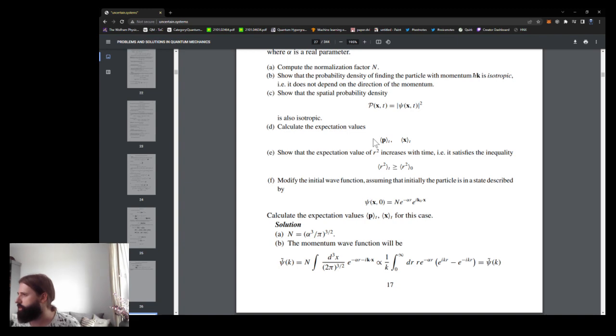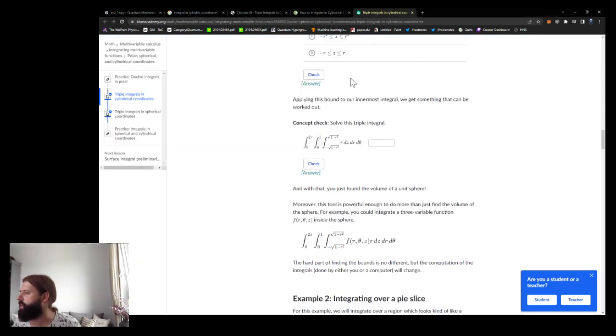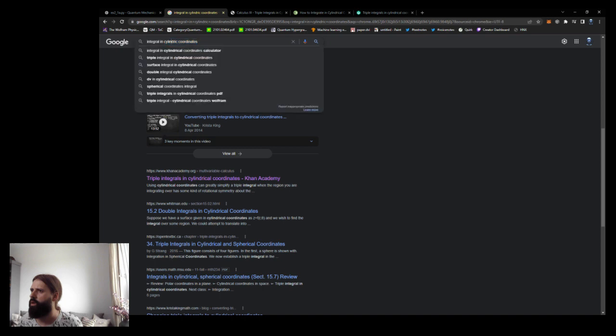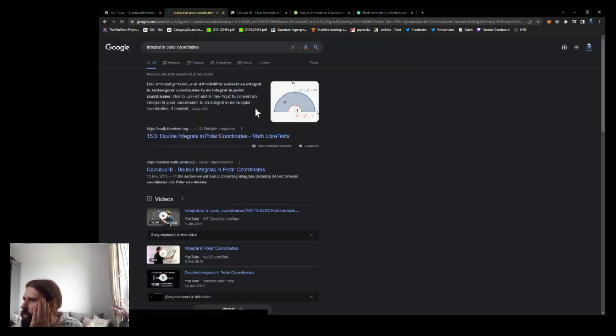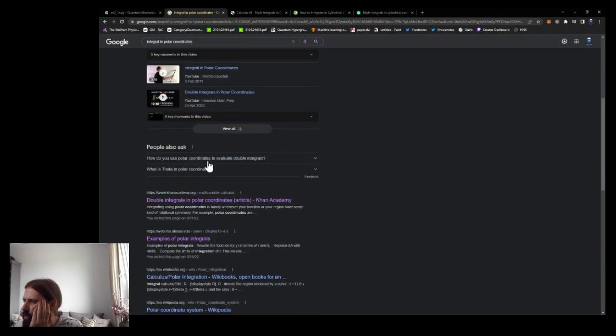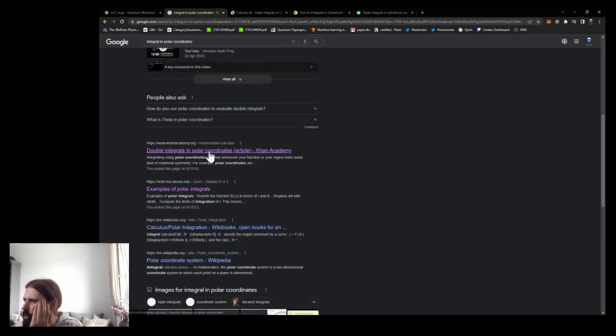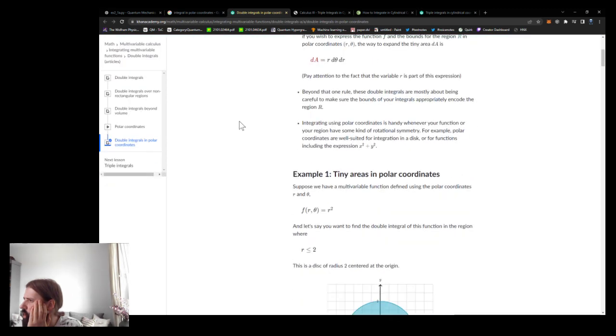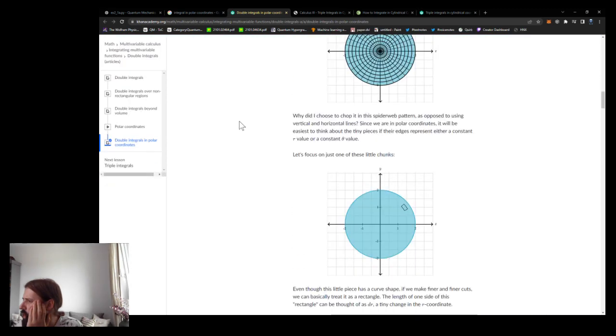What's the difference between these and where did I get that? Cylindrical coordinates and polar coordinates. So maybe that's a difference. That's double integrals in polar coordinates. Yeah, but that's double.